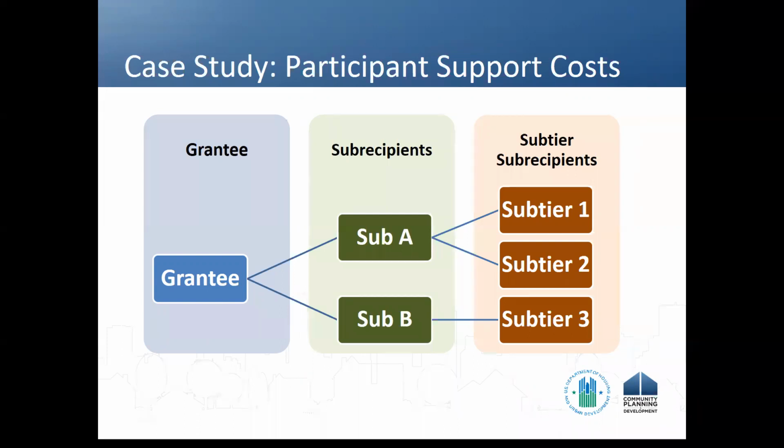Now, remember, we went through the bad example and the good example. The bad example where we just assumed you get 10% of your entire award off the top for indirect costs. Well, that multiplied really quickly because every tier and every agency is getting its 10%. And suddenly 25% of the entire award was being consumed by indirect costs. But when we applied it properly to just modified total direct costs, then the percentage was much lower. It was 4% in the scenario that we looked at.